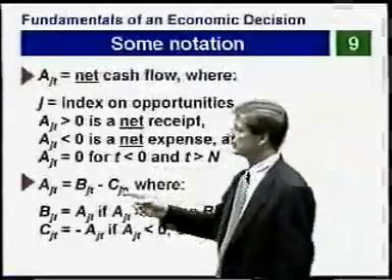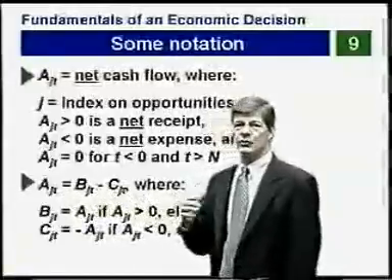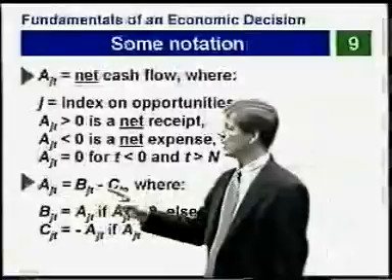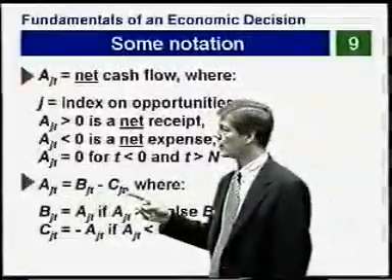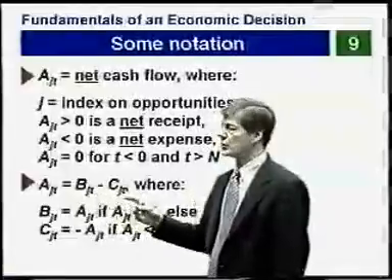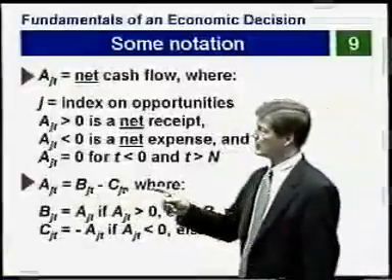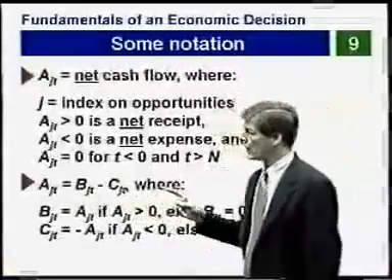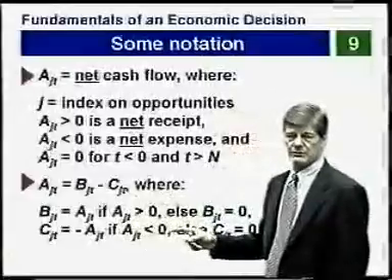And we will let the net cash flow stream be divided into its two components, which we've already discussed. That is, a benefit cash flow series and a cost cash flow series, where the benefits are identified as those net cash flows which are greater than 0. The cost cash flows will be all of those net cash flows which are less than 0.